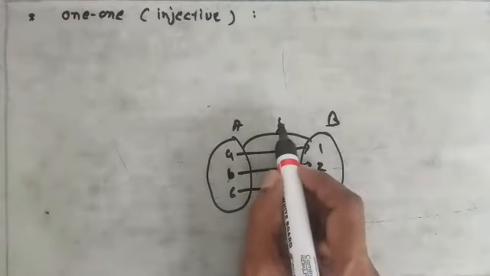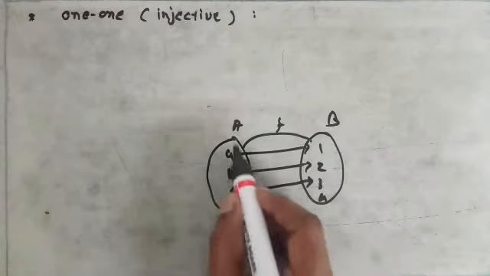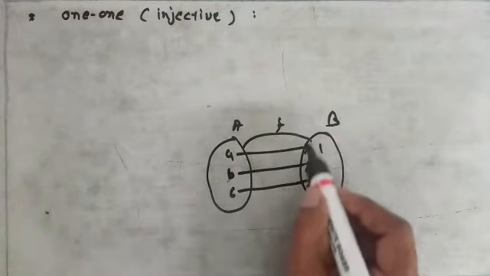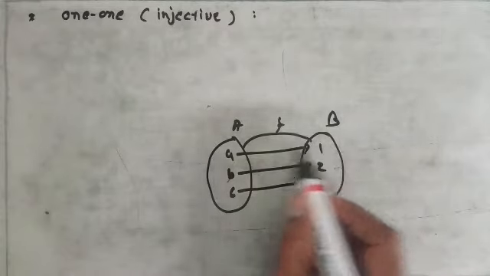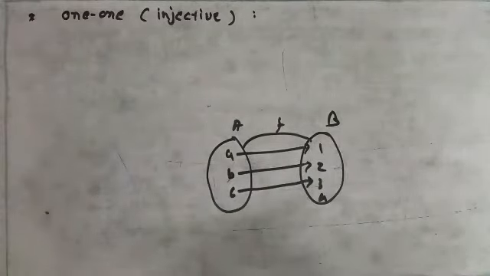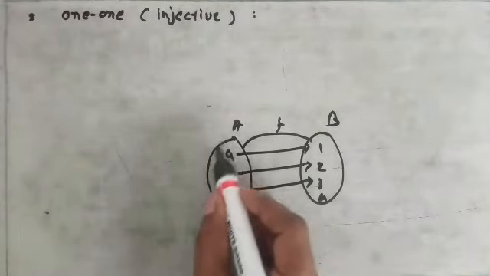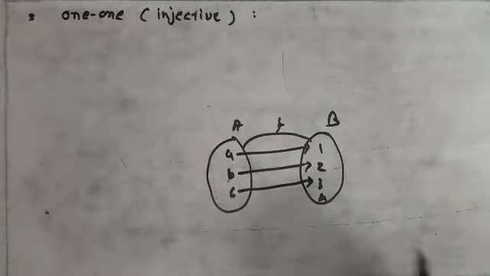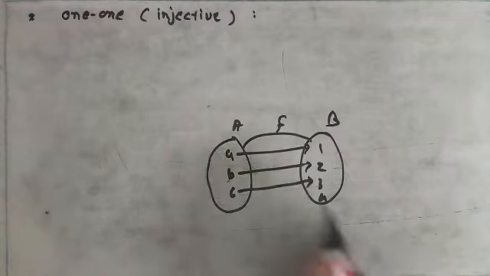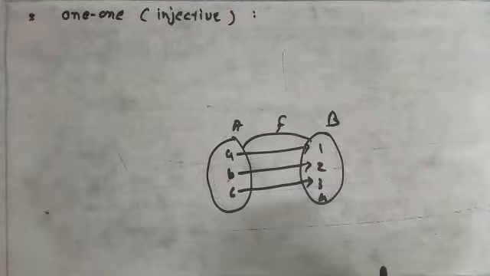That is, f associates distinct elements of A with distinct elements of B, then this function is said to be one-one. In other words, the image of every element of the first set A is unique under this relation, then this function is said to be one-one. Clear?